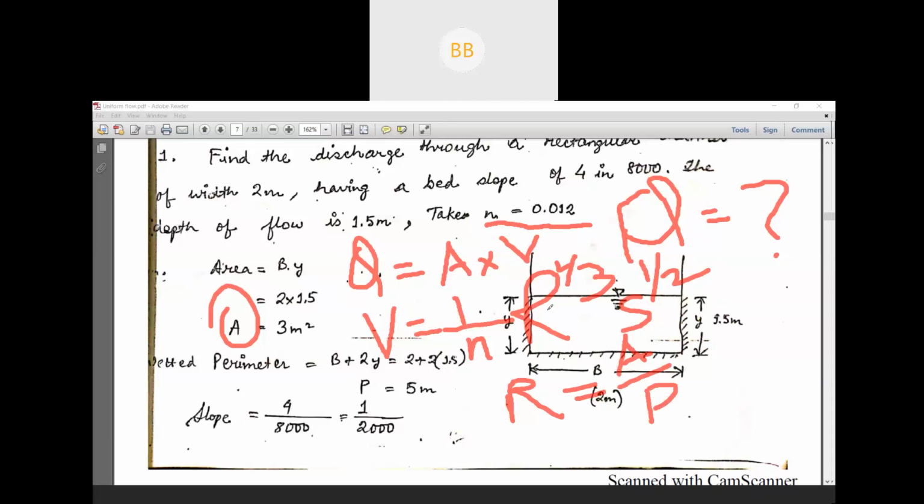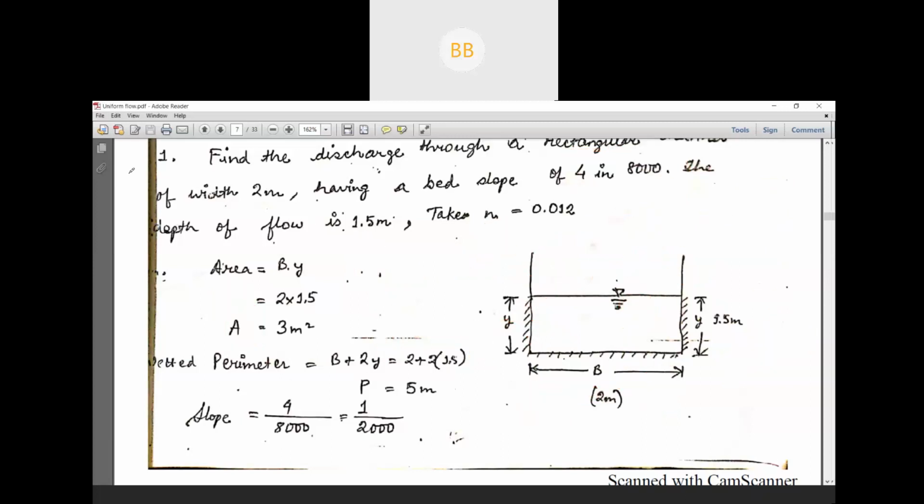And S is the slope of the channel, which is given as 4 in 8,000, that is 4 divided by 8,000. Substitute in this equation to find velocity, then substitute the velocity in the discharge equation, and you can easily find the discharge.